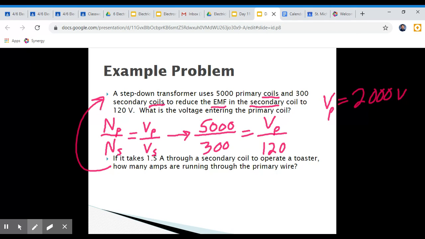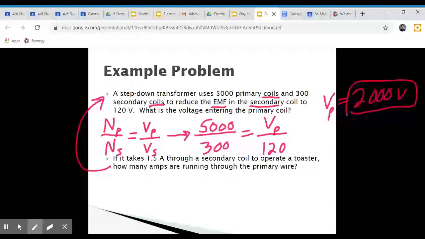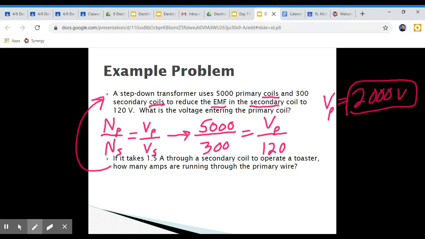I guess I should have said that, but we're still using this 2,000 volts as we're talking about this transformer here, going from 2,000 down to 120 volts.